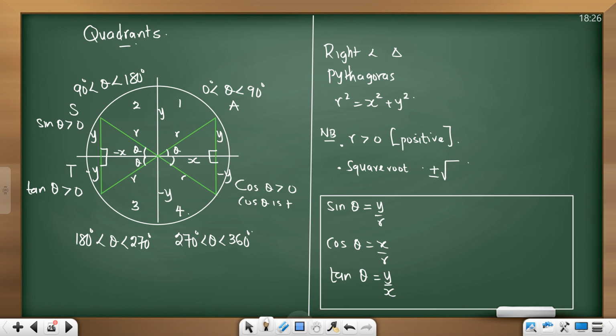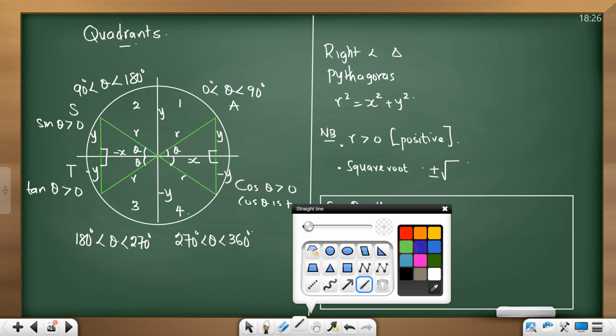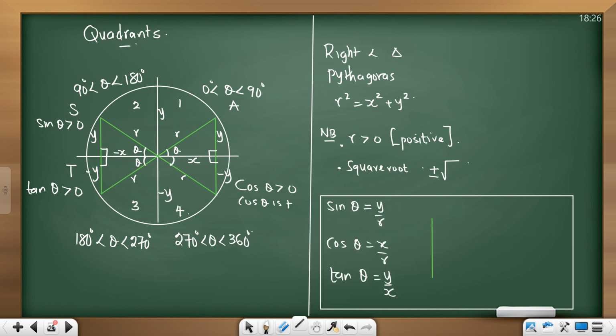Or we can also consider it as SOHCAHTOA. We can also complete, that's important. Sine theta is y over r, cos theta is x over r, and tan theta is y over x.